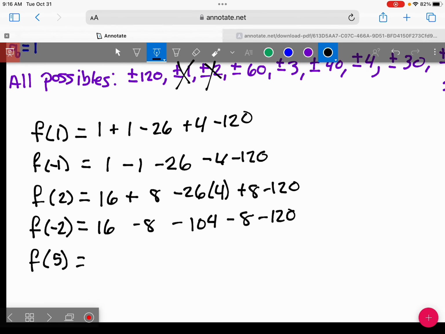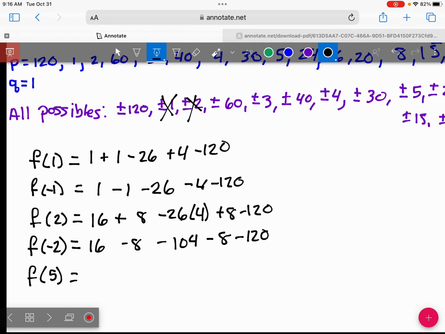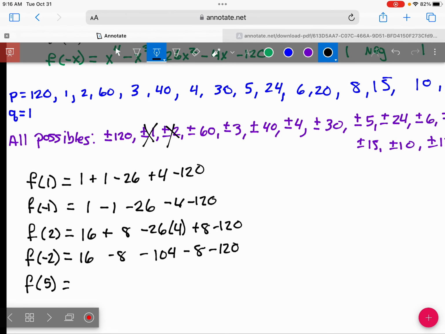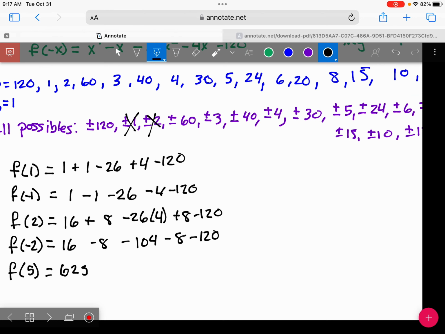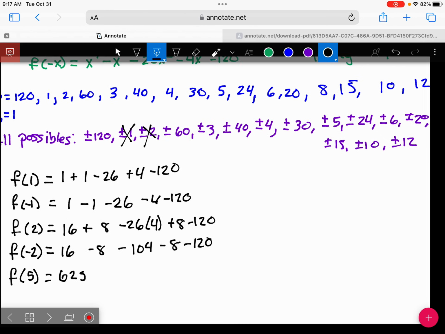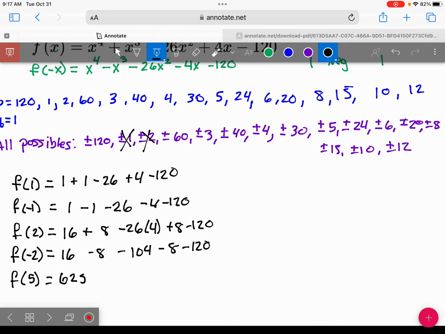It's totally fine. So we're substituting it in. So we have 5 to the 4th, which is what? 5 to the 4th is 625. 25 times 5 is 125, and then times 5 again, because we're to the 4th.